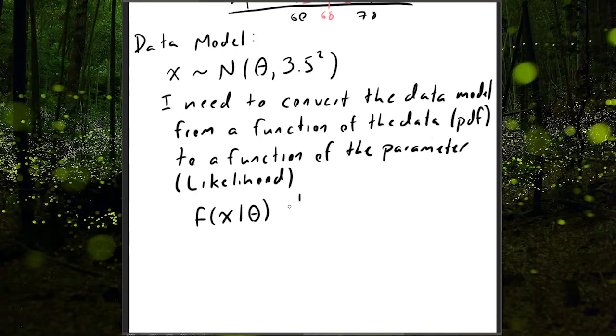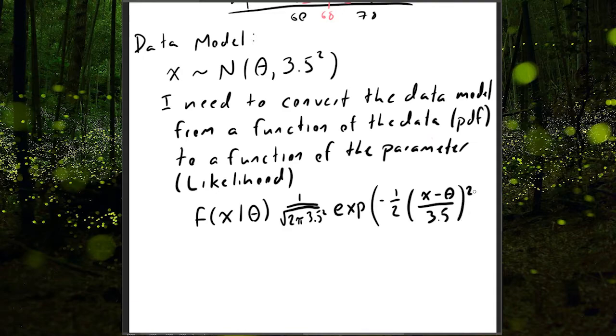So I need 1 over square root of 2 pi times 3.5 squared, times e to the minus 1/2 times x minus theta over 3.5, squared. So that's my PDF for x given theta.